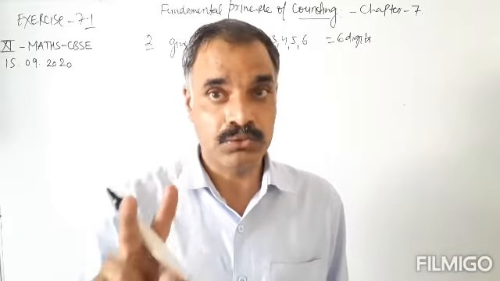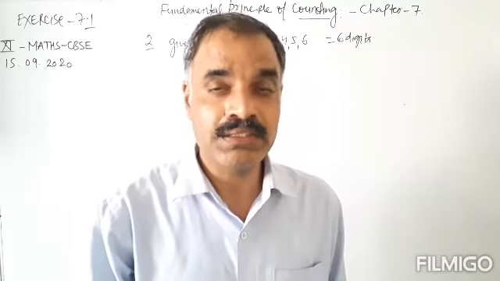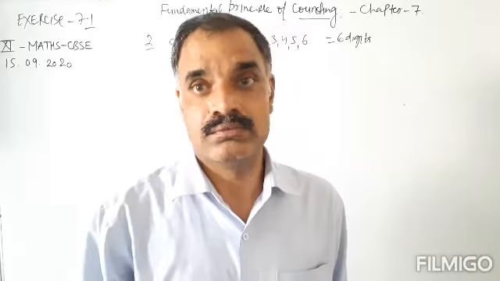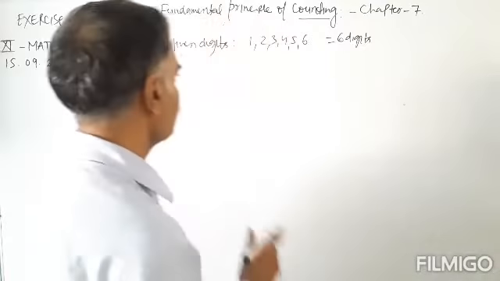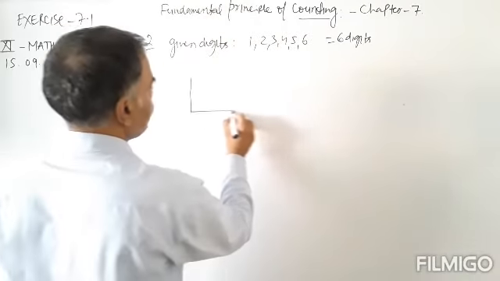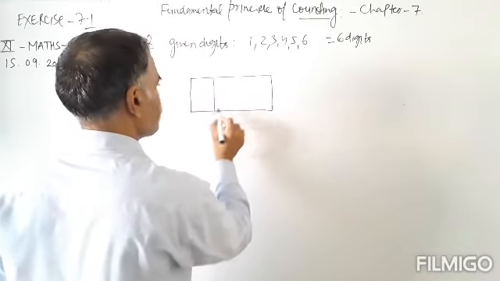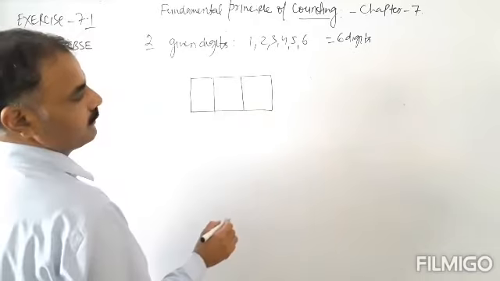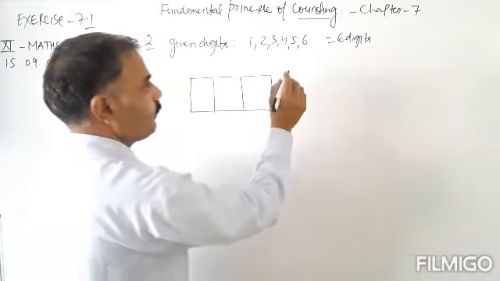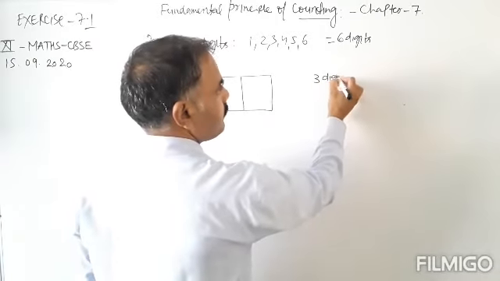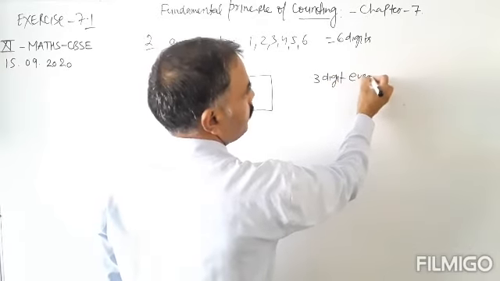Two conditions are there: the number should be 3 digit, and it should be even also. So let us have a box of 3 compartments. Now we are forming a 3 digit even number.